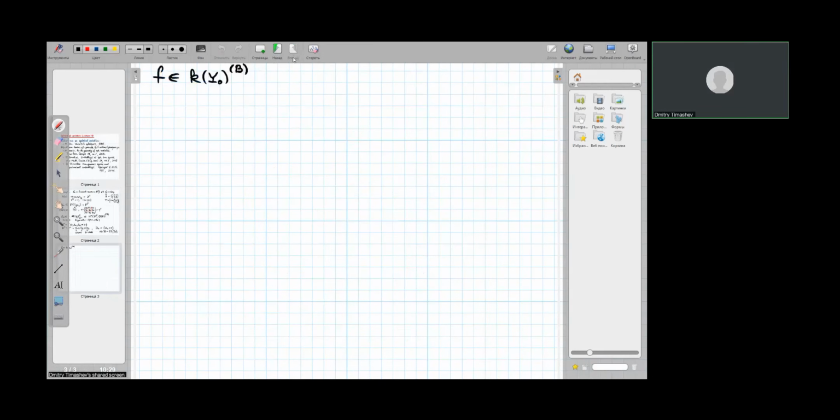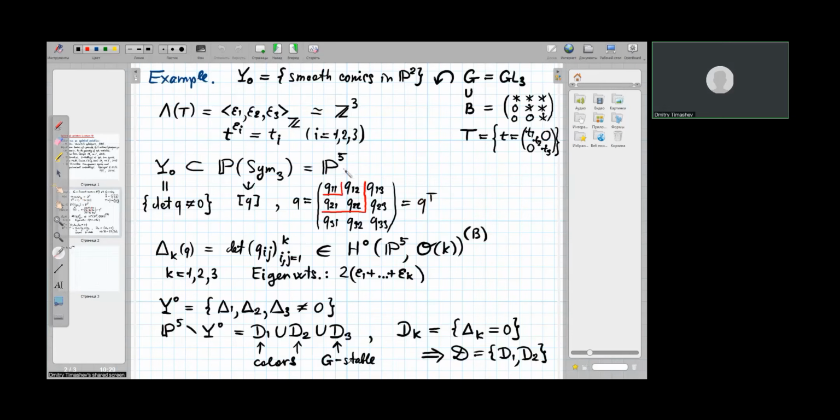It is the same. Let me start by considering a rational function on the open orbit which is B semi-invariant. This function may also be considered as a rational function on this compactification of Y naught, so we may compute its divisor on P5.